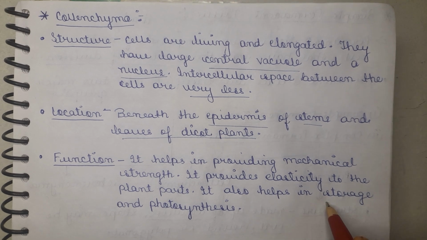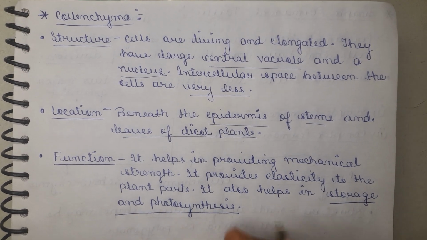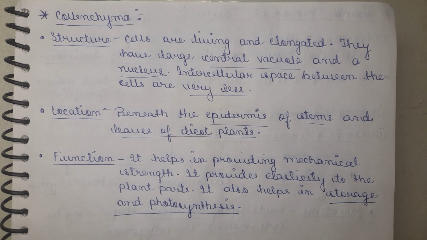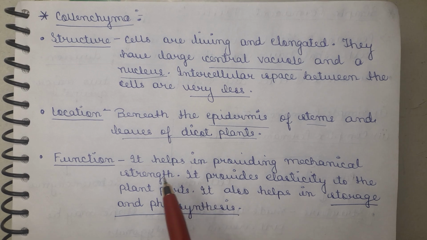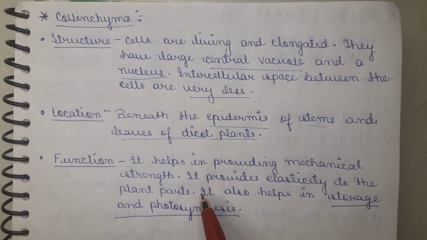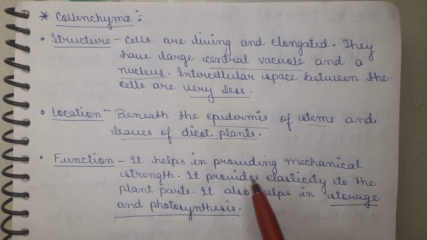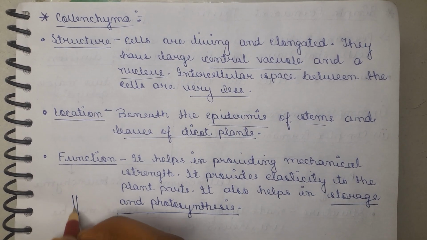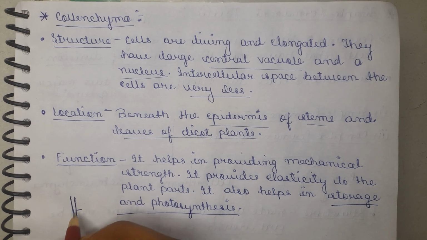It also helps in storage and photosynthesis, the same as parenchyma, and is present in the stem or the soft part of the stem. In collenchyma, the function is mechanical support and flexibility of the cell or the stem.